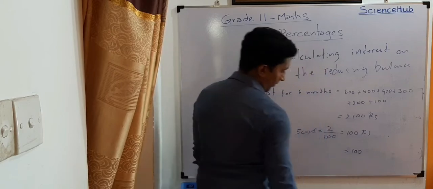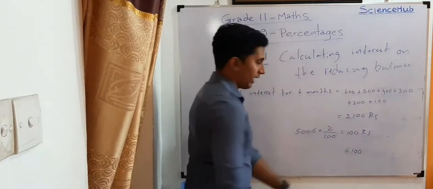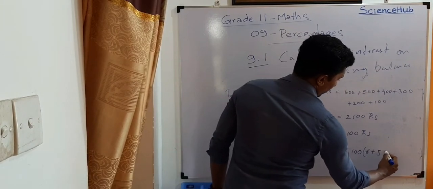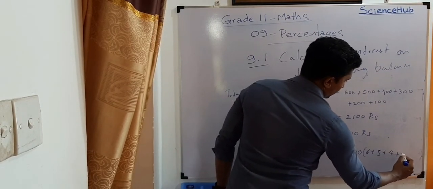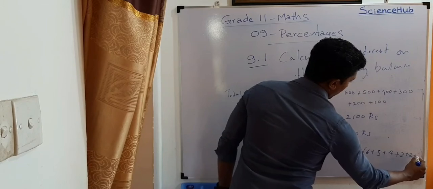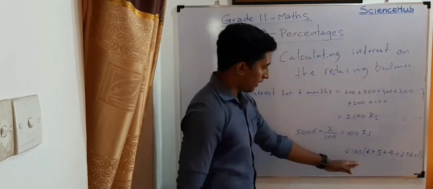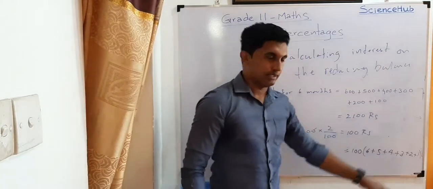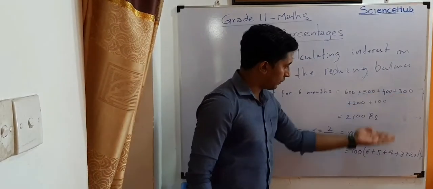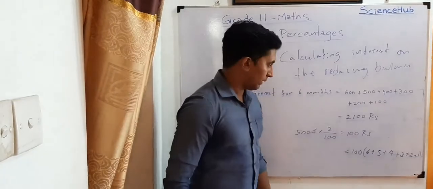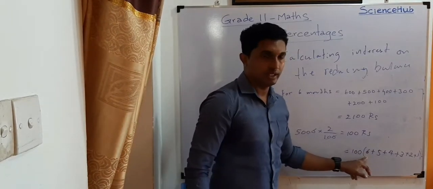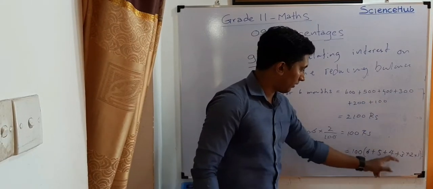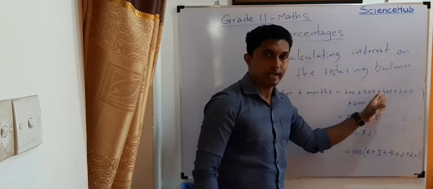We can take this 100 as a common factor, and then 6 plus 5 plus 4 plus 3 plus 2 plus 1. 6 into 100 is 600, 100 into 5 is 500, 100 into 4 is 400, 300, 200 and 100.